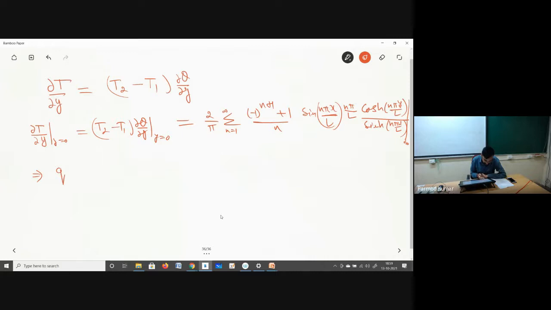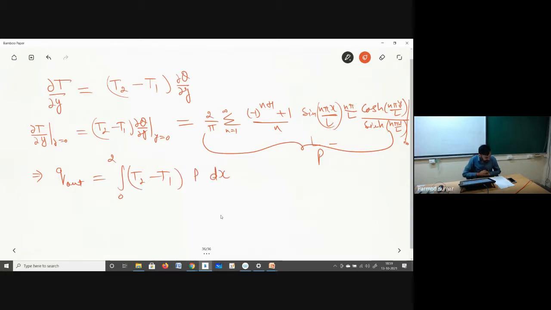So now if I substitute this, say this entire term is some term P, so I can write Q out will be equal to integration from 0 to 2 of T2 minus T1 into P dx. Is it correct?